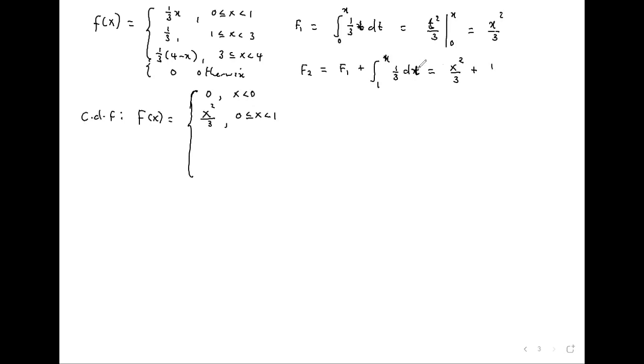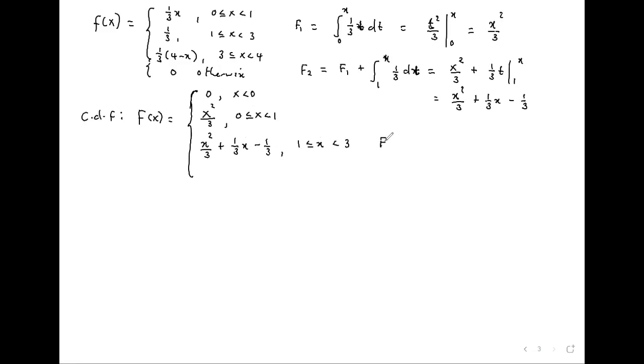Remember we put the t inside, so we get 1 over 3t from 1 to x, which is x squared over 3 plus 1 over 3x minus 1 over 3. So what we'll have is x squared over 3 plus 1 over 3x minus 1 over 3 for 1 less or equal to x less than 3.